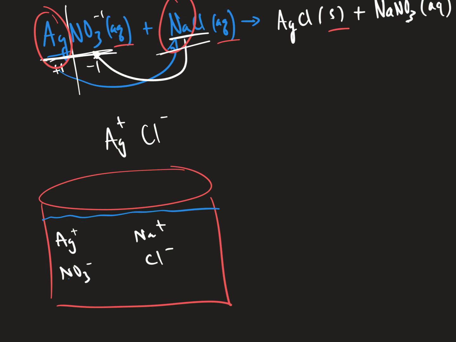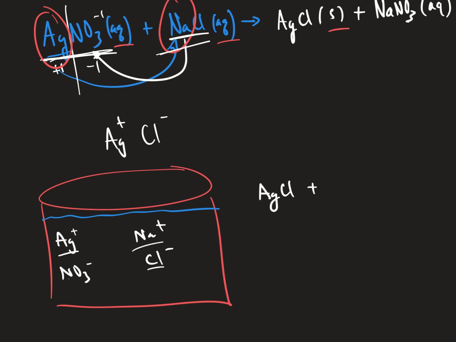So what can sodium hook up with? The nitrate. It can either hook up with nitrate or chloride, right? That's it. And whether it does or doesn't depends on if there is an insoluble compound in here. Since we see that silver is insoluble with this one, those guys are going to hook up, and so we'll get AgCl.